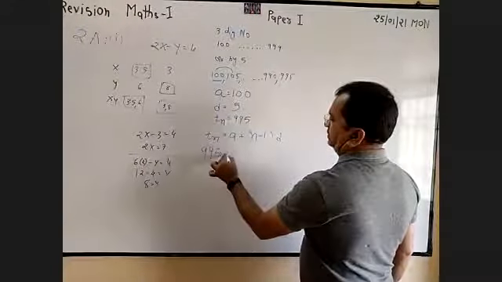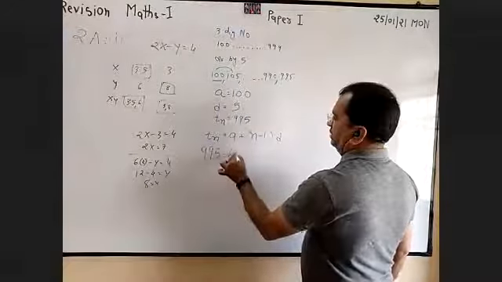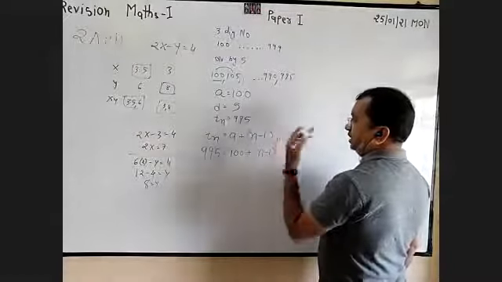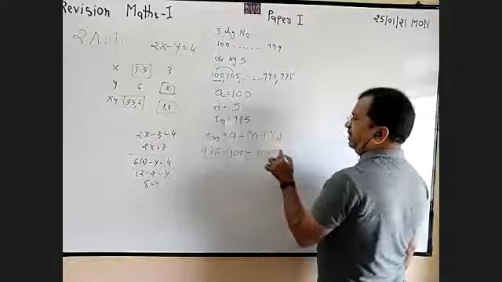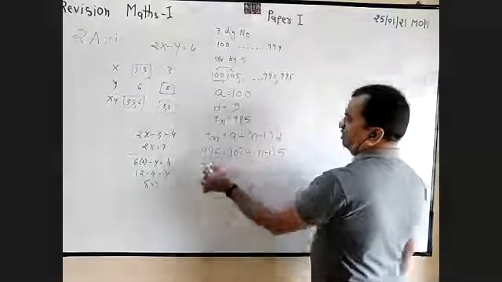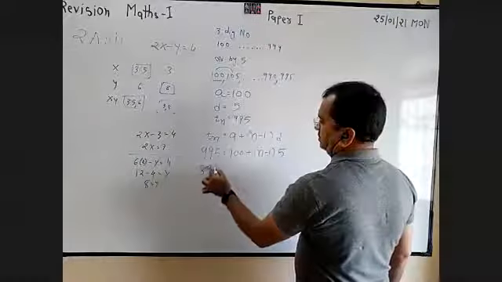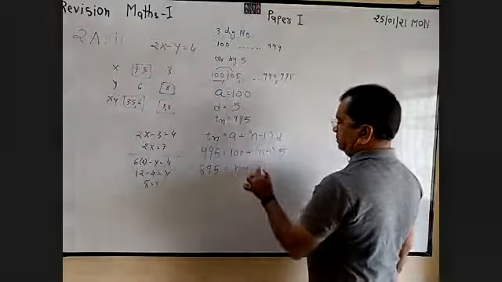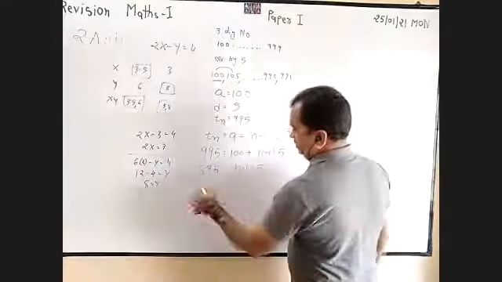995 equals A is equal to 100, and we want how many numbers are there. So 100 less, divide by 5.